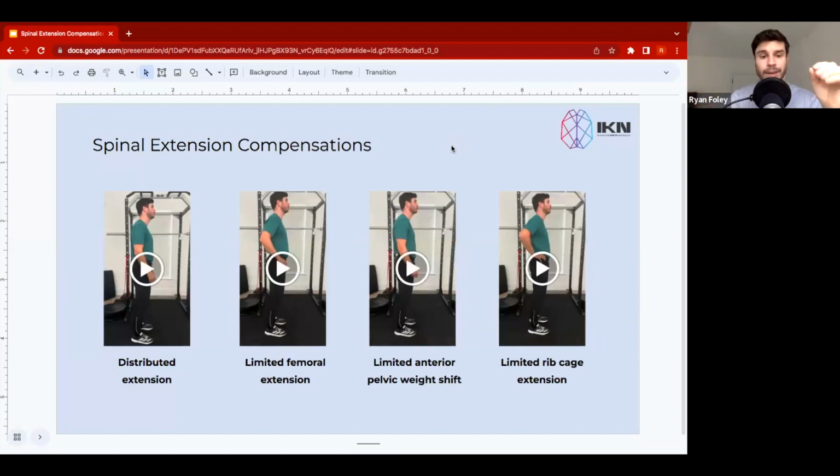Initially, when you're asking someone to backward bend, you want to see what their preferred strategy is like. You don't want to give them too many cues at the start, so you can see what their preferred strategy is like. Of course, you're identifying if there's any sensitivity or pain with that movement. And that's different. If they have pain with a movement, you're not saying whatever they're doing is an impairment or dysfunction.